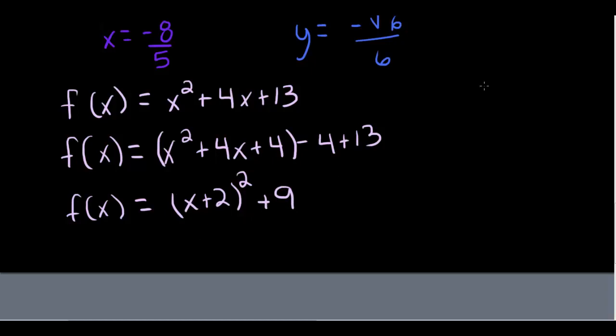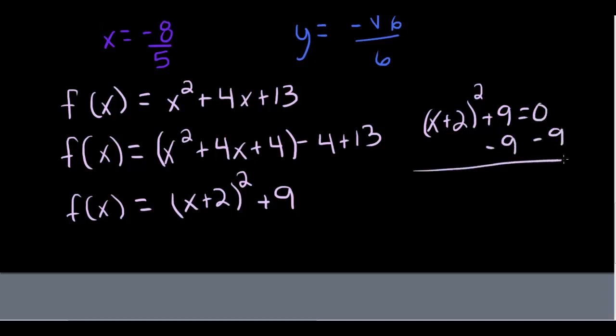So I'm going to make this equal to 0. I'm going to have (x plus 2) squared plus 9 equals 0. I subtract 9 from both sides. So it's going to be (x plus 2) squared equals negative 9. We're going to square root both sides.